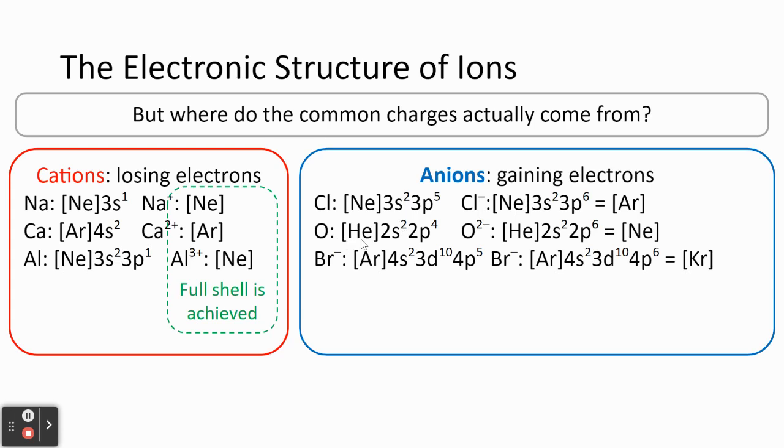Oxygen is helium 2s2, 2p4. It has 6 valence electrons. So if an oxygen atom were to gain 2 electrons, it will have a stable electron configuration, and its charge would be -2. Bromine has an electron configuration argon 4s2, 3d10, 4p5.